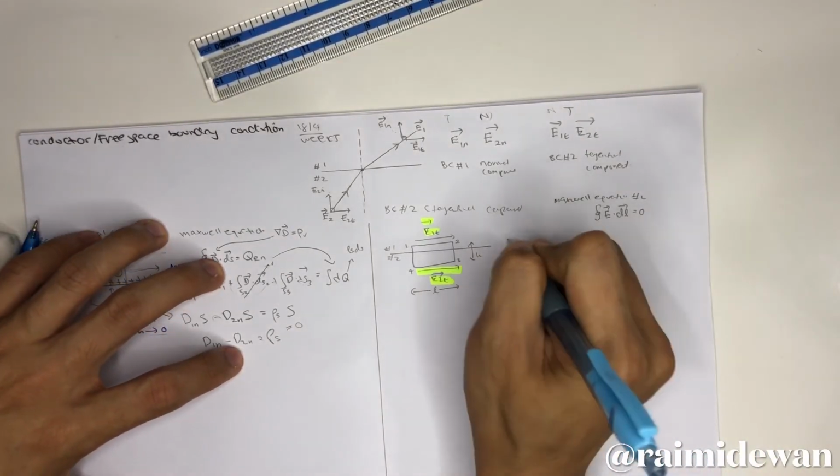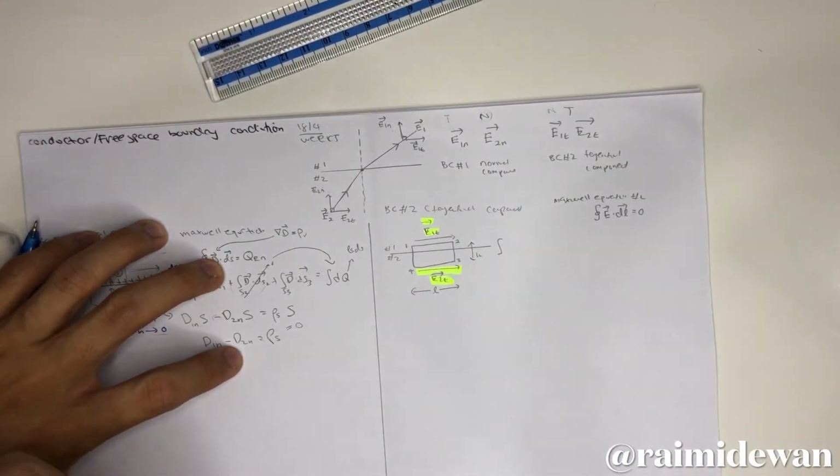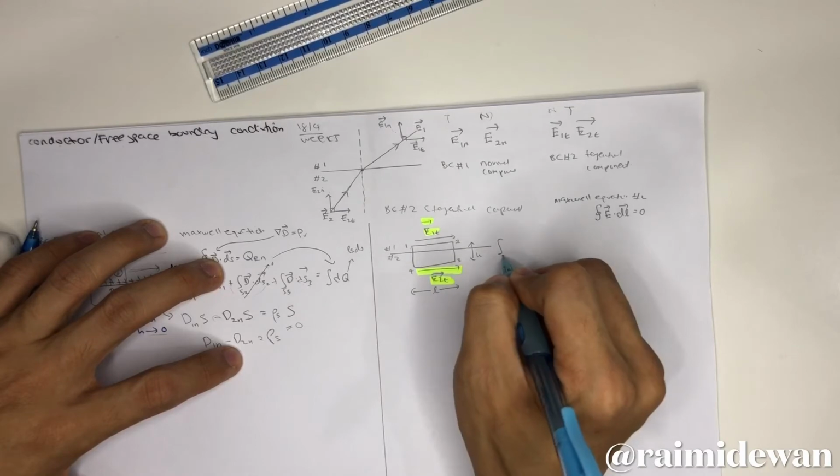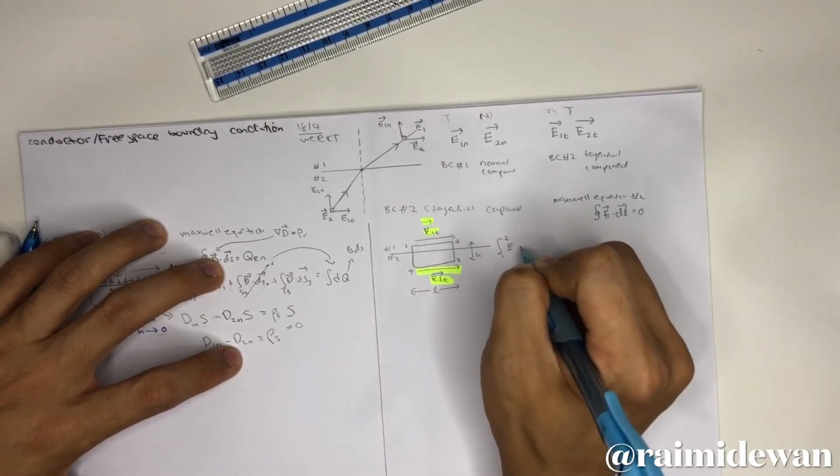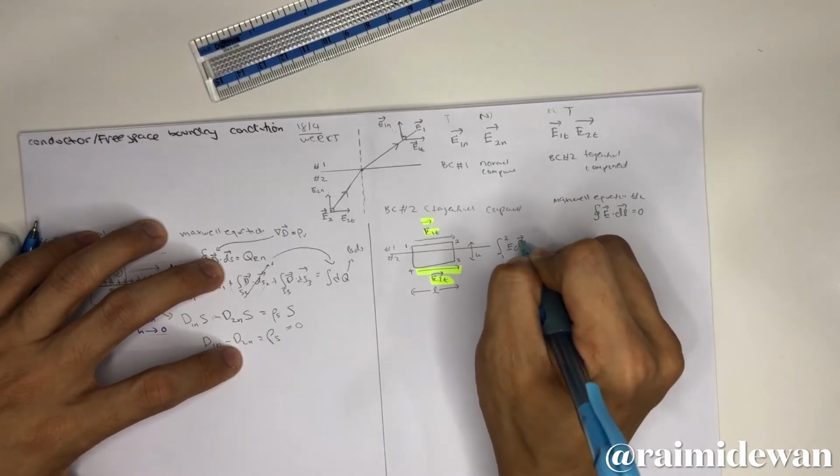So first, closed integral, right? This is from point 1 to point 2, you have E dl, vector.